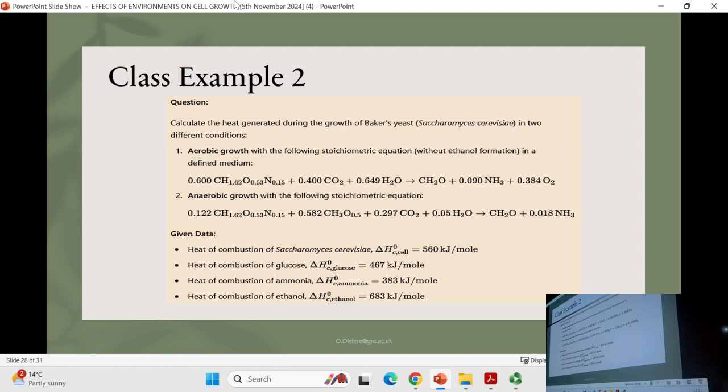So if I want to make the question hard for you, it's possible you have something like this, or just note two questions. Calculate the heat generated during aerobic growth with the following stoichiometric equation, without ethanol formation. So we have our baker's yeast here, plus CO2, right?